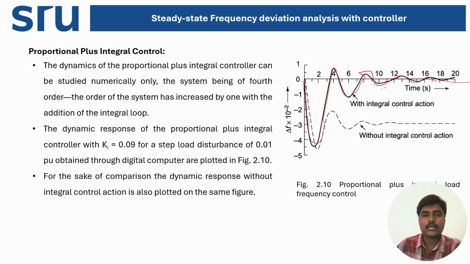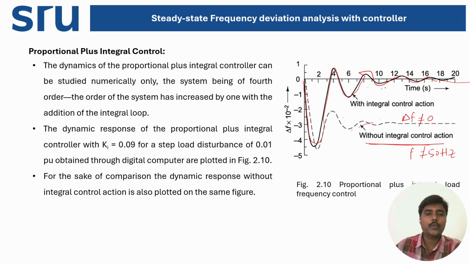The dotted line represents the response without integral control action, and the solid line represents the response with integral control action. Without integral control action, this offers always some delta F value which is not equal to 0, and F is also not equal to 50 Hz.